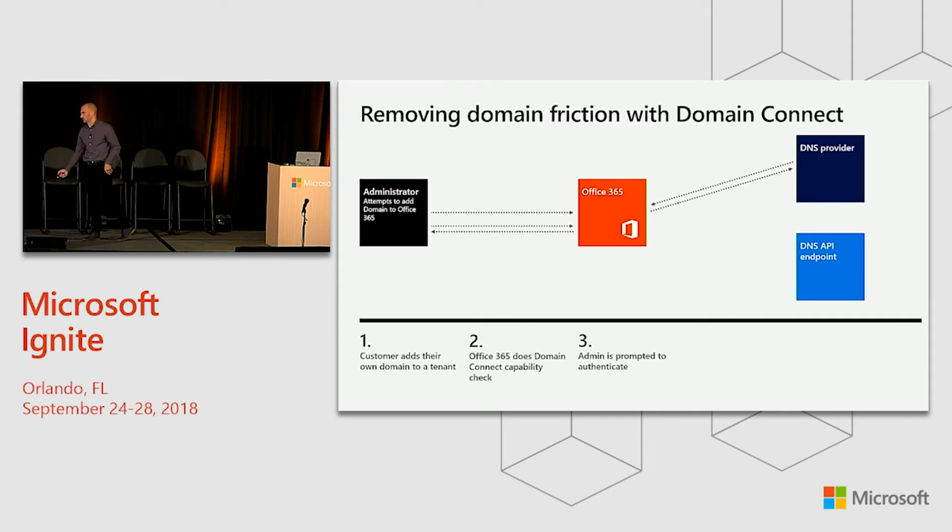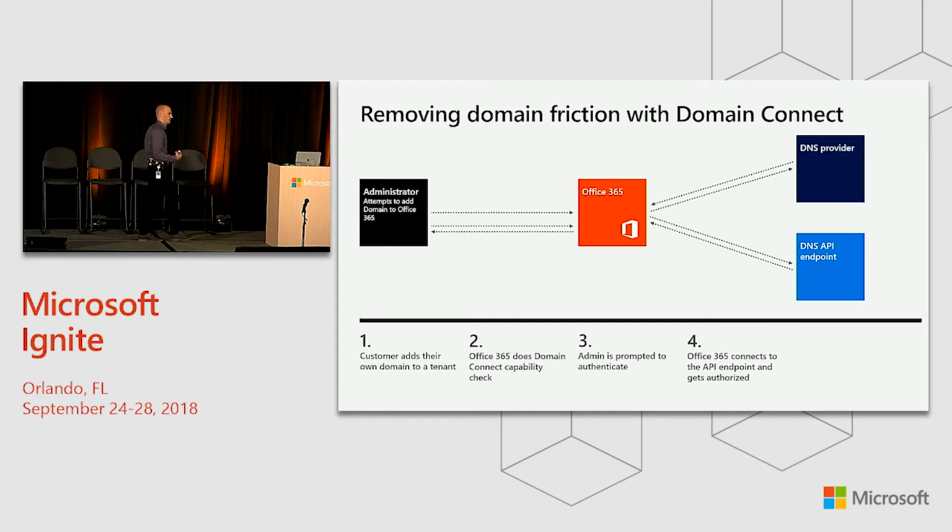Once you provide those credentials to authenticate, the Office 365 endpoint then connects to that API endpoint that it received via step 1, to connect to the DNS registrar's, wherever the API endpoint is for Domain Connect, and goes through the steps to do the rest of the configuration, which is then to update the DNS records that you selected in the domain purpose page. So this is a high level of the flow of what happens with Domain Connect.